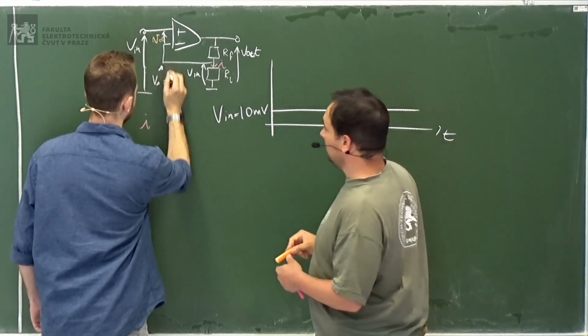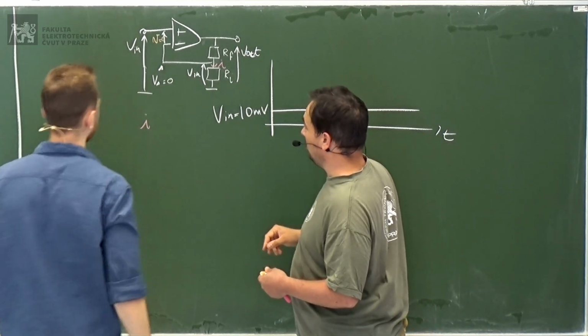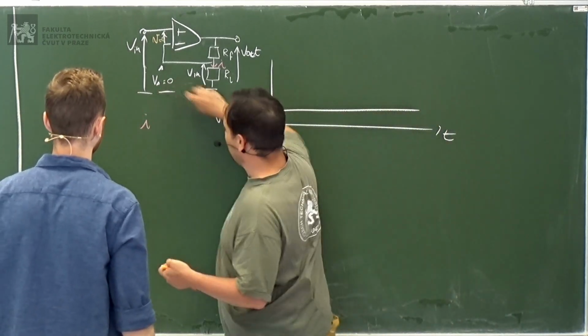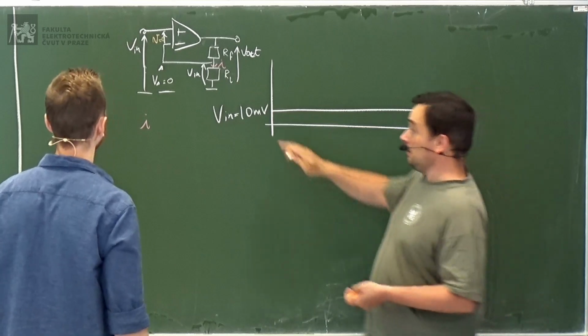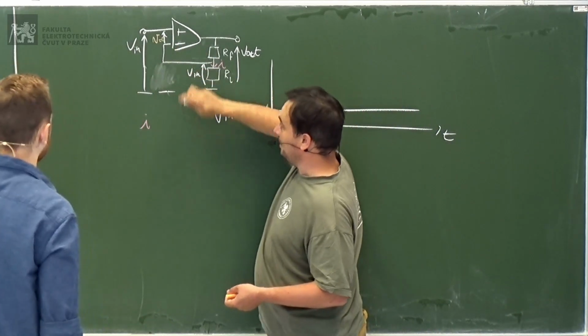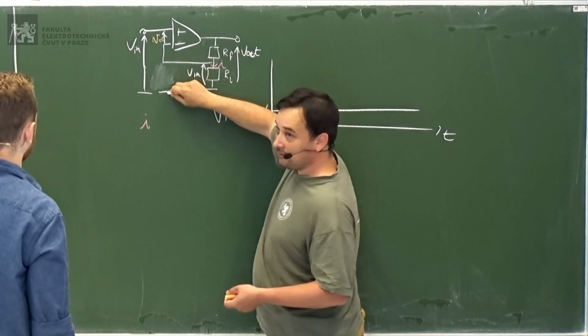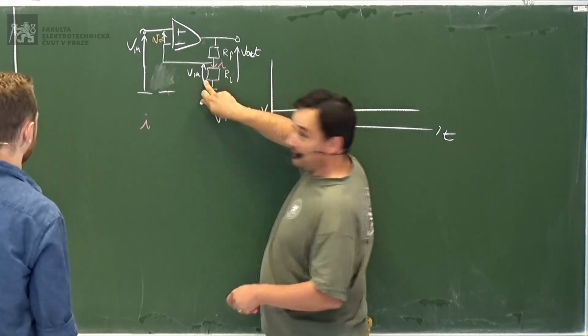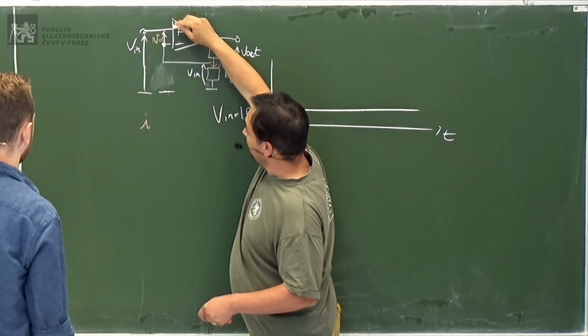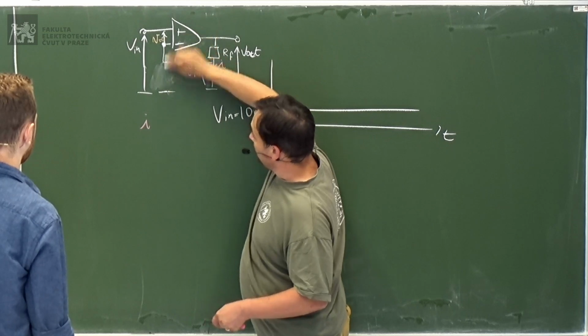So if there is no difference of voltage, at node A, with respect to the ground, it will be V in. Here we have V minus.